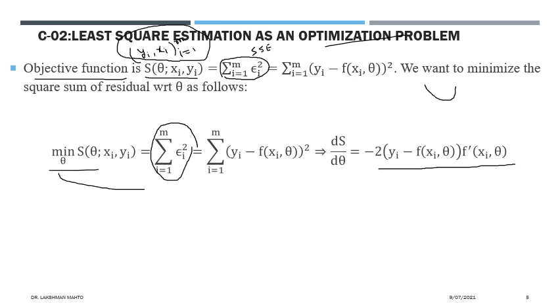For example, the function mod x is not differentiable at zero, so we take zero as a critical point for mod x. So if differentiability fails, the point where it fails can also be considered a critical point.